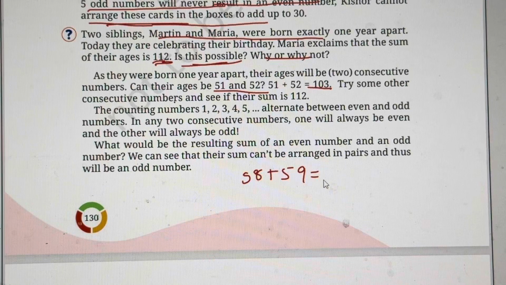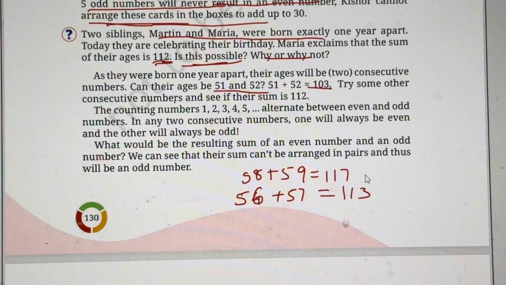So this gives 117, right? Suppose we take 56 plus 57. So you get 113. So what we are getting here are all odd numbers.